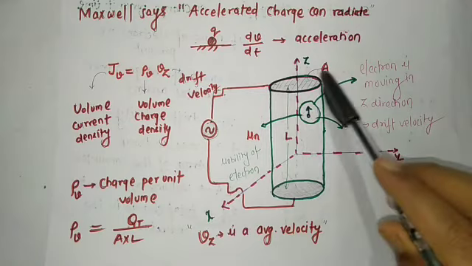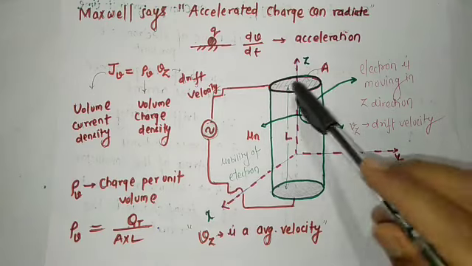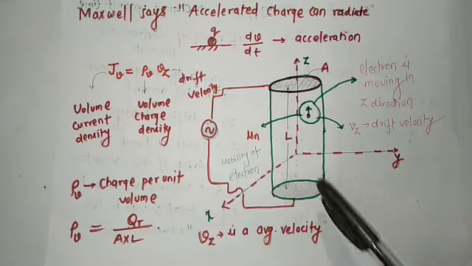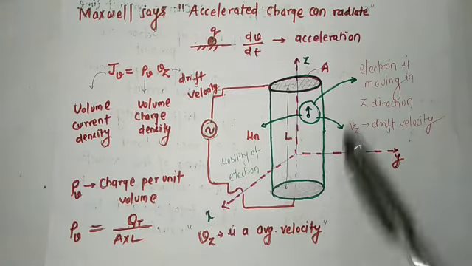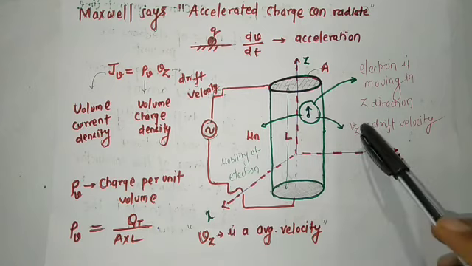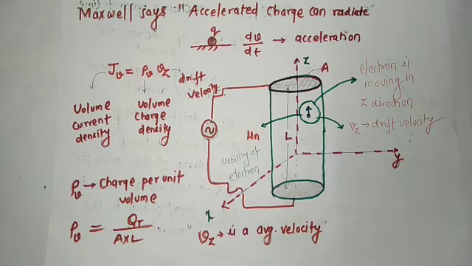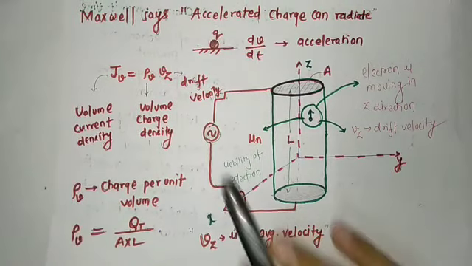This is a three-dimensional conductor having cross-sectional area A and length L, subjected to an excitation source. If there is movement of charge particles, there will be electrons. One more thing you must remember: we do not talk about the velocity of a single electron. Actually, we talk about the average velocity of the electrons. So remember, this Vz is the drift velocity, which is the average velocity.